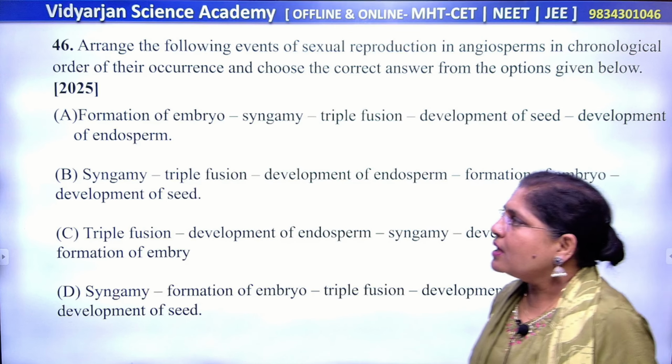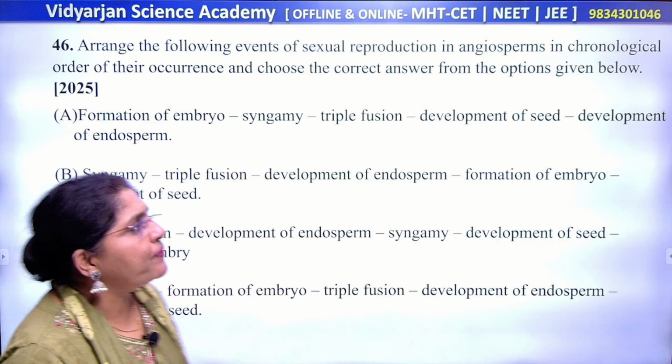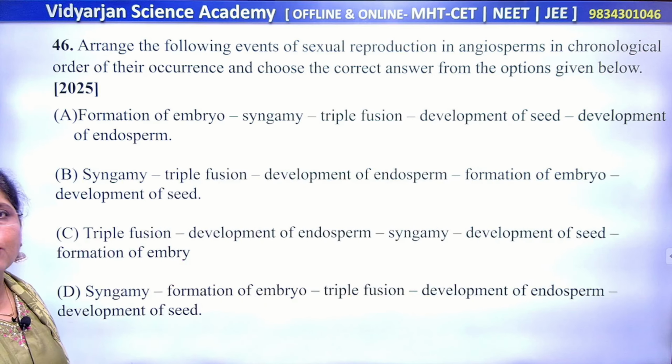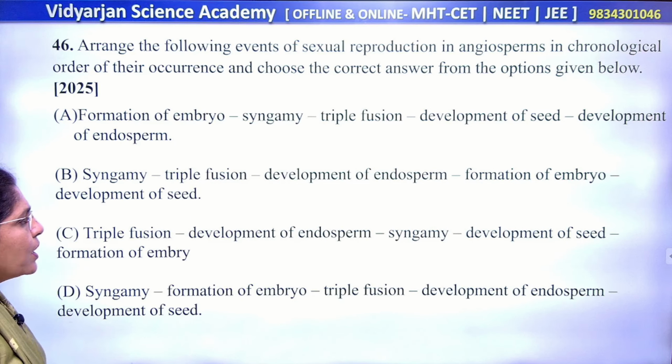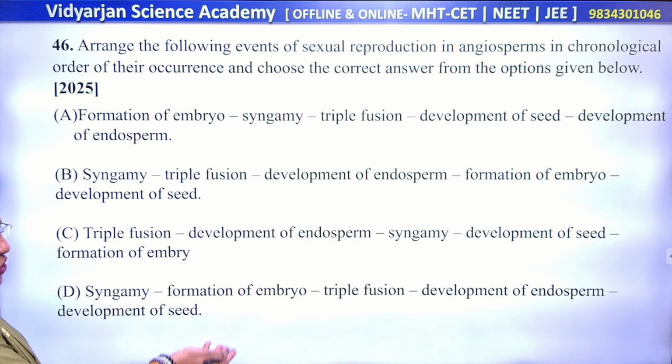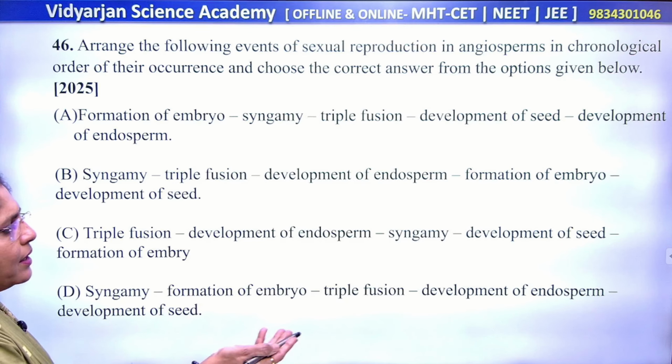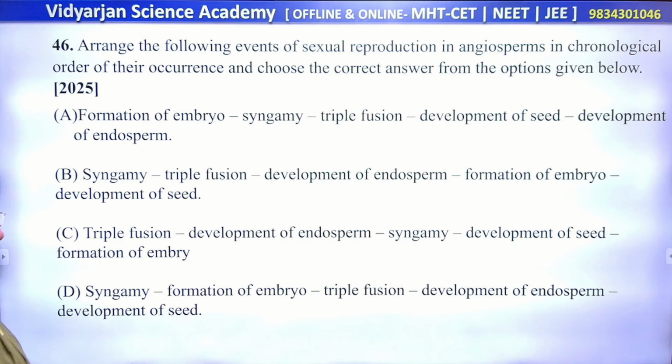What is B? Syngamy, triple fusion, development of endosperm, formation of embryo, and development of seed. What is D? Triple fusion, development of endosperm, syngamy, development of seed, and formation of embryo. Syngamy, formation of embryo, triple fusion, development of endosperm, and development of seed.